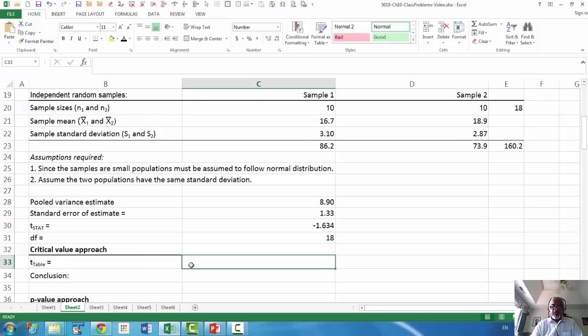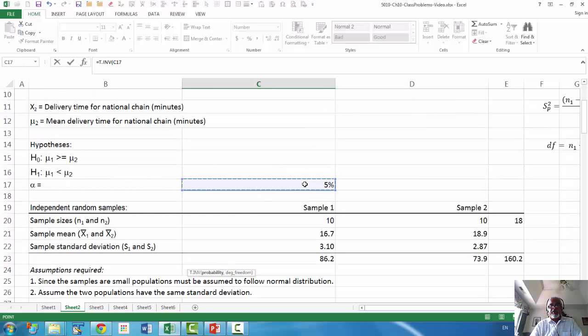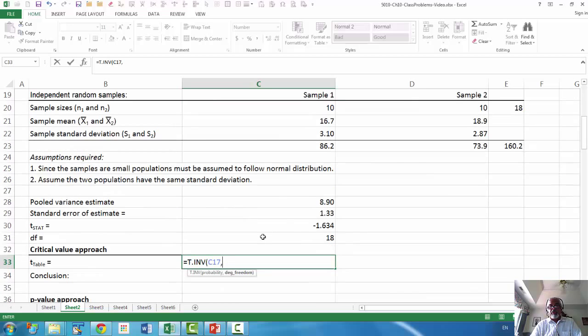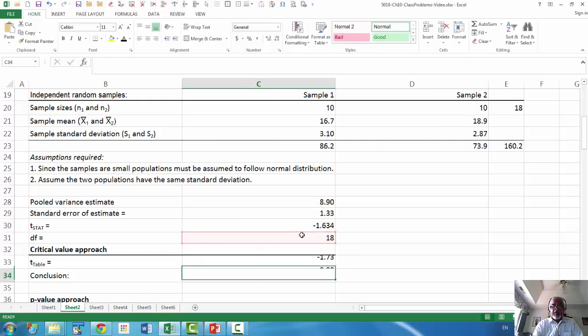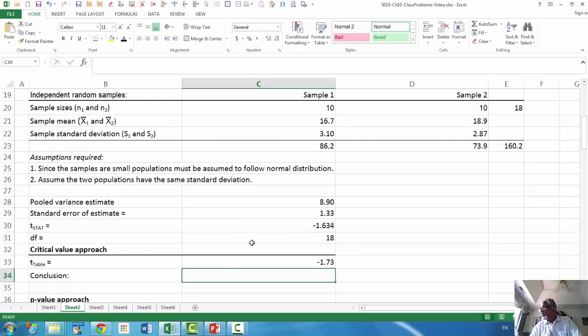The critical value approach will be T.INV.2T. Now this one is a one-tail test. So T.INV, 5% comma degrees of freedom will give us the t value.